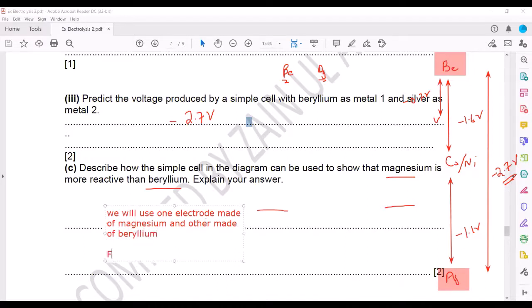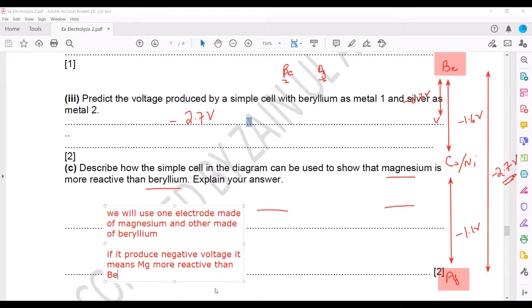If it produces a negative voltage, it means magnesium is more reactive than beryllium.